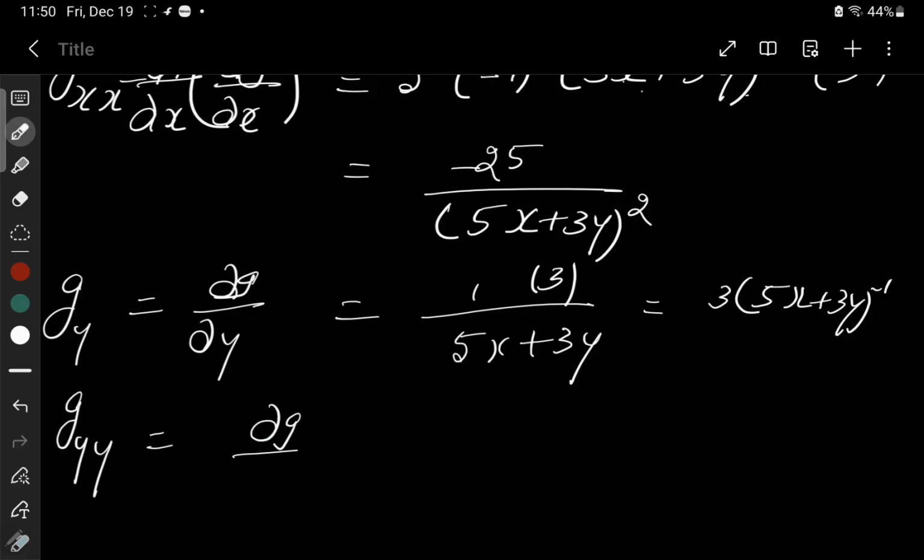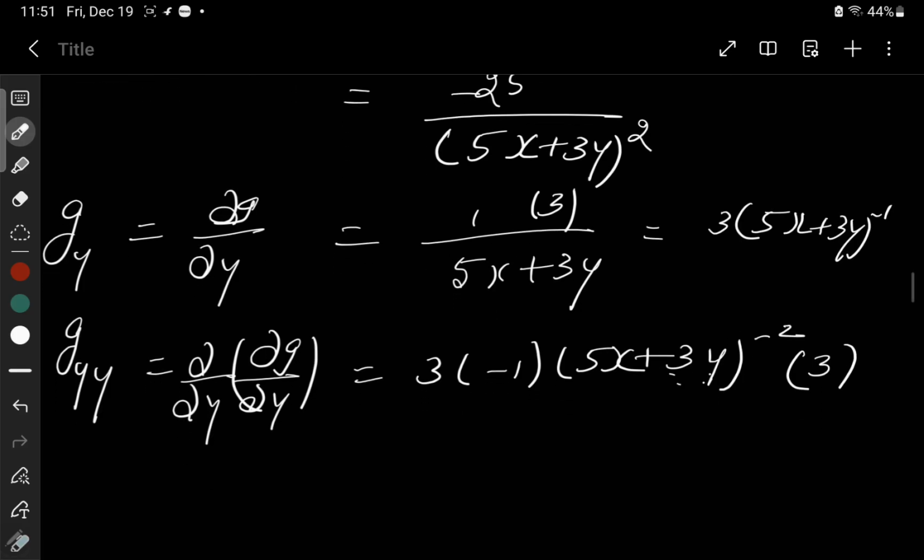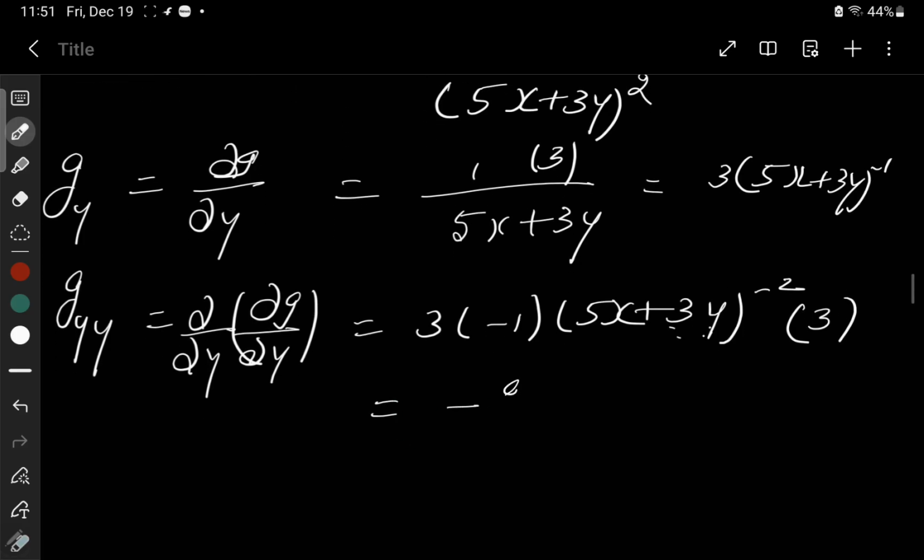So dou g by dou y, again I am differentiating this with respect to y. 3 into minus 1 into (5x plus 3y) whole power minus 1 minus 2 with respect to y. So y term here 3. So minus 9 by (5x plus 3y) the whole square.